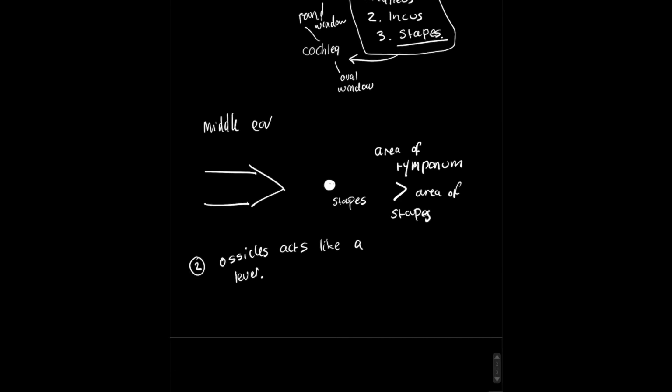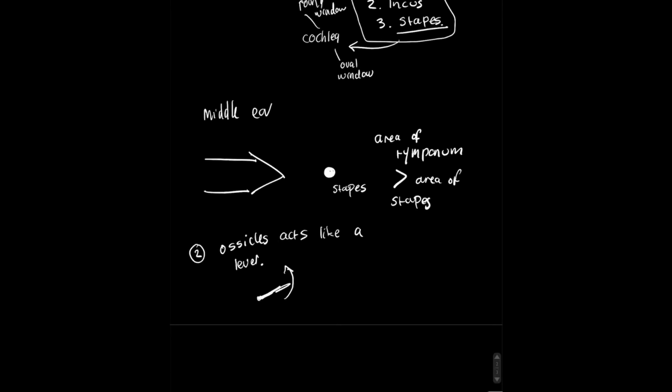Basically, if you've ever used a lever before, you know that a little bit of movement here can make a huge amount of impact across the system. And it's the same thing. When the ossicles open up the oval window, they take a small amount of energy and produce a large amount of energy and waves further down.